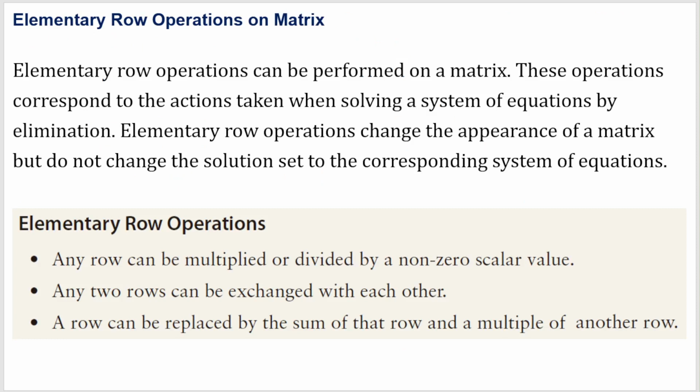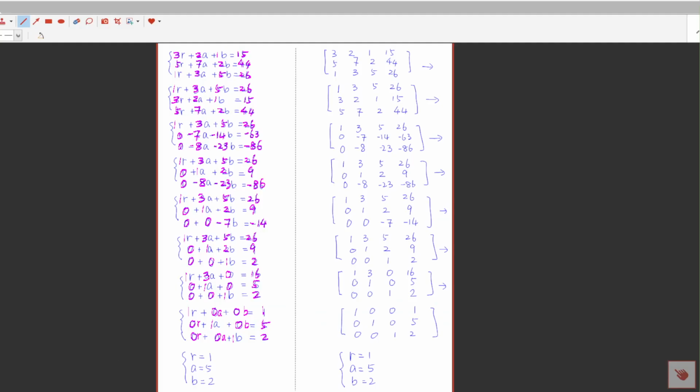next, we're going to talk about what kind of operations you can perform on the matrix. These operations are called elementary row operations on matrix. Remember that these operations actually correspond to the operations you performed on these linear equations on the left side, right?